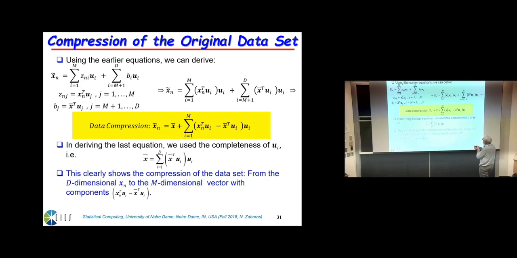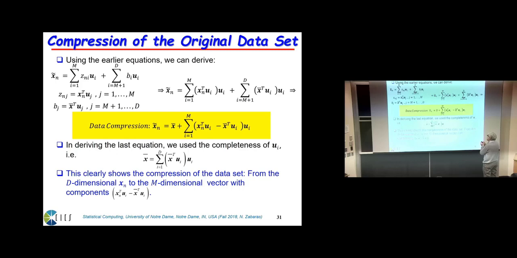For every data point, I can write it as the sample mean, plus these projections on the m eigenvectors ui.